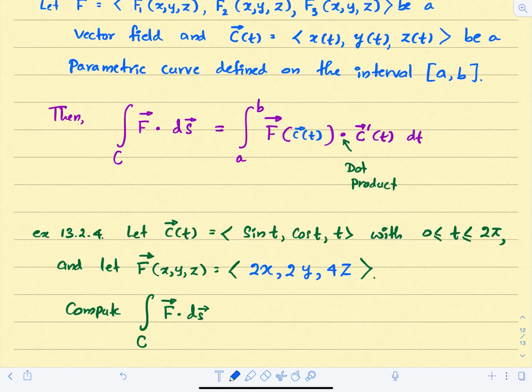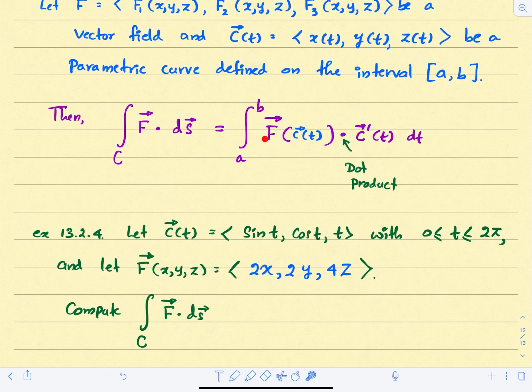Now we are ready to consider an example from this section. So basically we want to calculate the line integral of a vector valued function, and it is defined using this right hand side. So basically you have an integral that goes from a to b of this integrand.